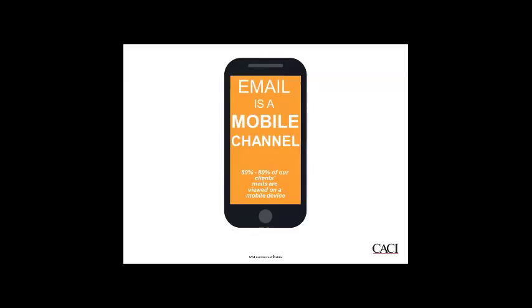Email is a mobile-first channel. Across our clients, we see between 60 to 80% of marketing email interactions happening on a mobile device. And at 80%, we've got some of our clients, such as Boots Parenting Clubs, with mailing lists of multiple millions of contacts, where 80% of the users on that list are using mobile as the preferred device.